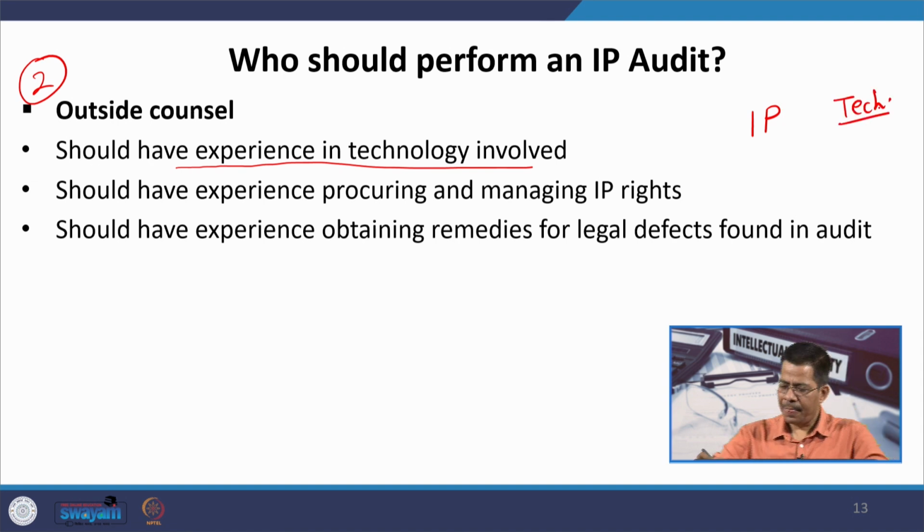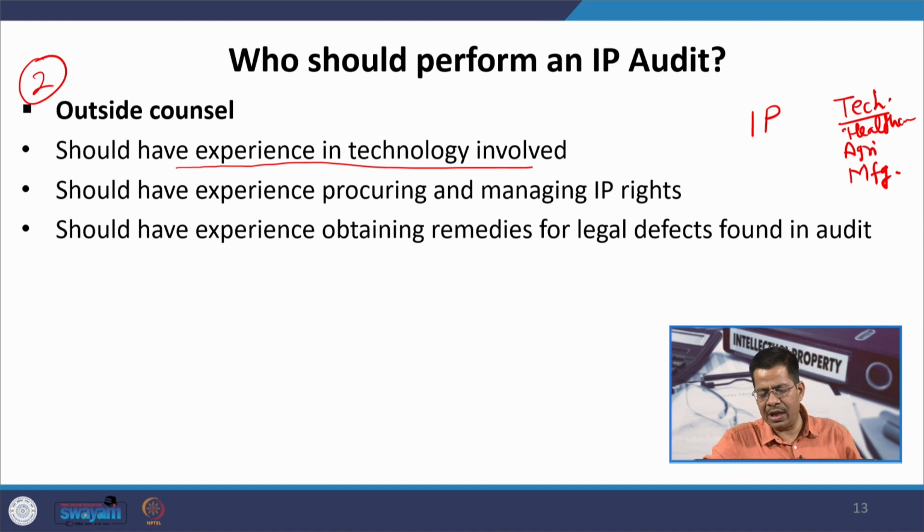For example, there are fields like healthcare, agriculture, manufacturing etc. So, you need to have experts who are experts in technology and at the same time in IP related matters.